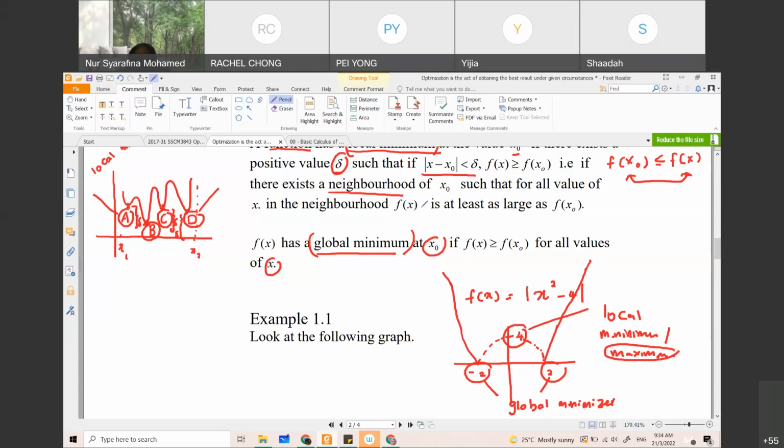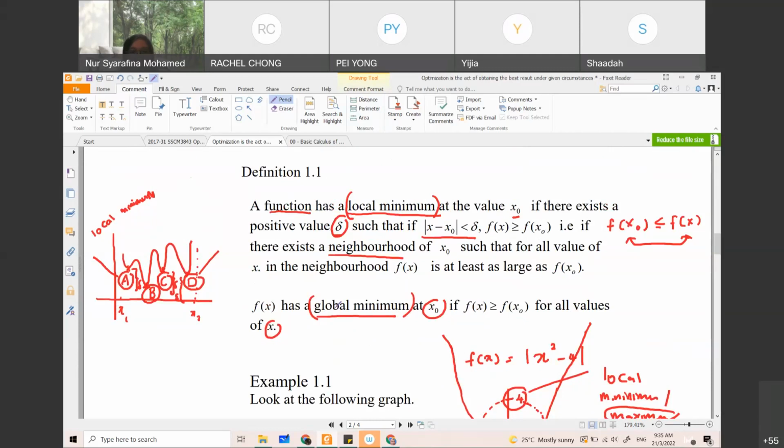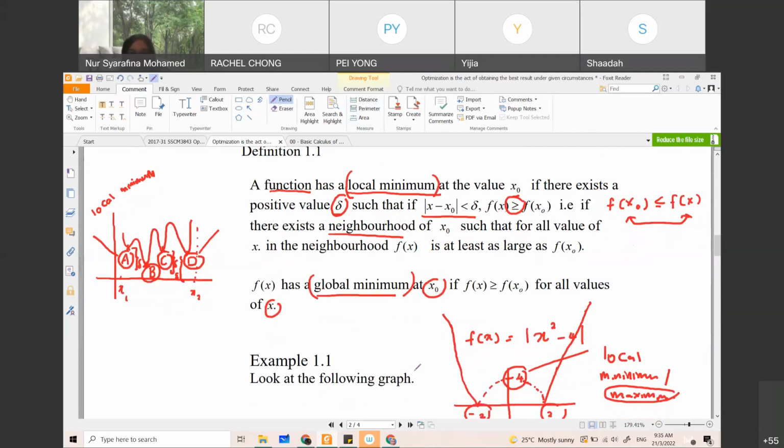That is the difference between local and global. Clear, everyone? Anyone has a question? Any question? So if the inequalities are reversed, then that is the definition of local maximum and global maximum. Clear?